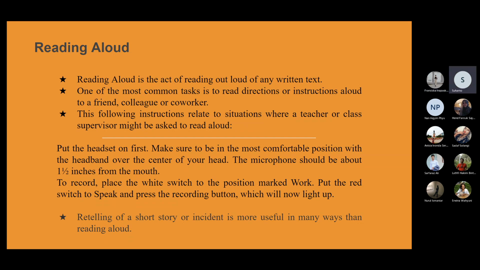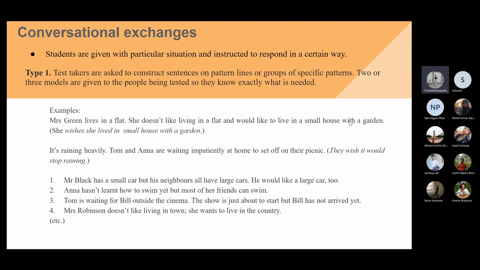If we carefully construct the tests, they can test what is otherwise tested by reading aloud, but unfortunately, it can often measure other skills like reading comprehension or maybe the memory or maybe the organization and so on. So let's see the next method of testing speaking skills in the next slide.